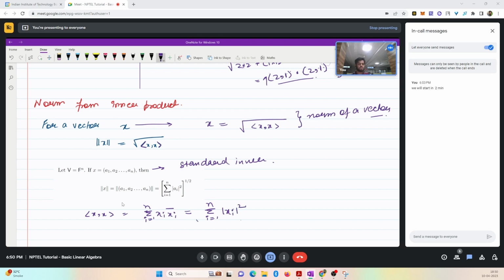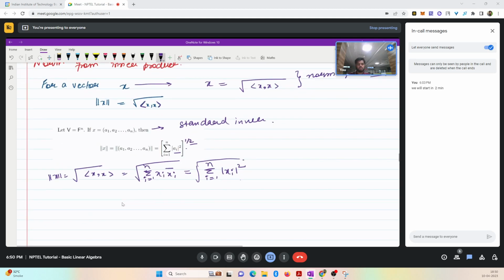And we want to take the square root of this thing in order to obtain a norm. So this is what is written over here, that we take the square of every element and then take power 1 by 2.